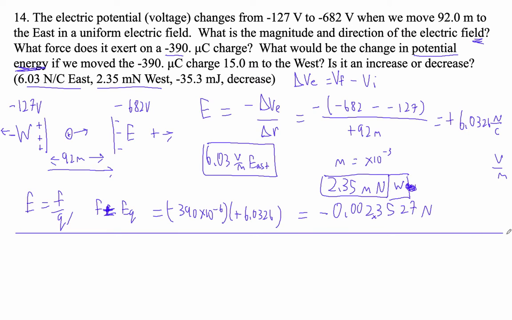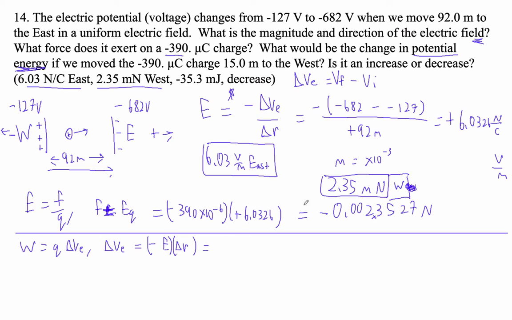So our field theory equations say work is charge times change in potential, and the change in potential is the opposite of E times delta r. And that's from this equation right here. So we've got to do this first.